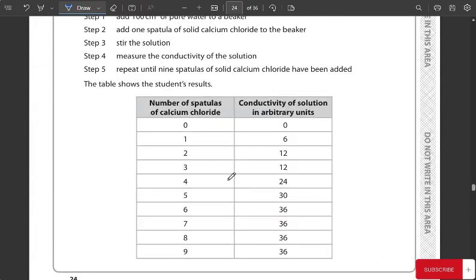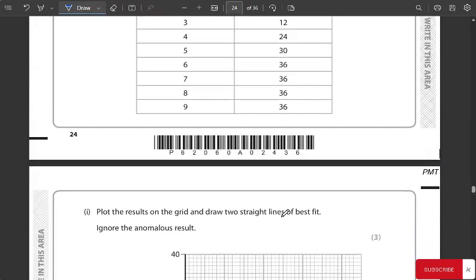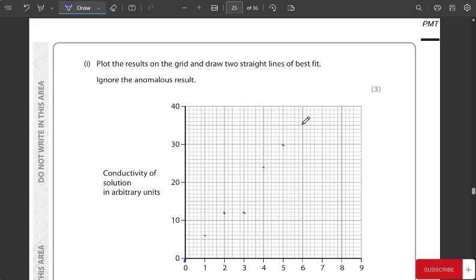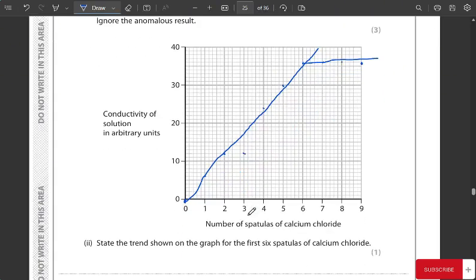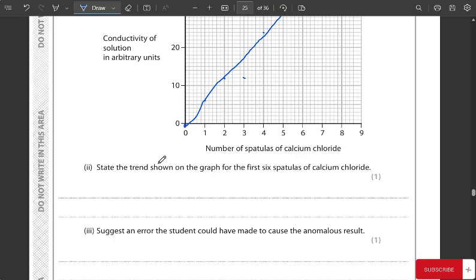The next one is 36. Like that, and like that. Okay, and the next one.